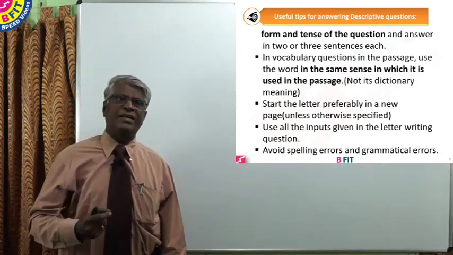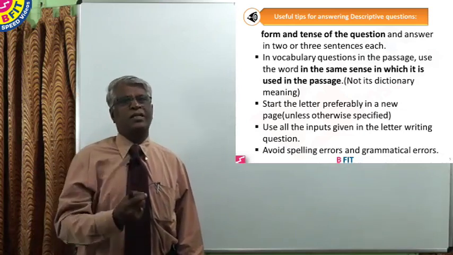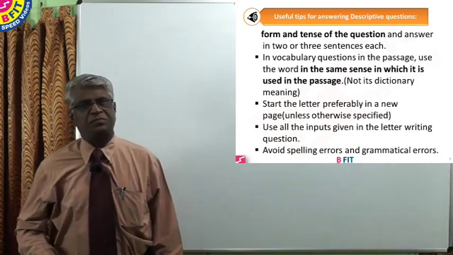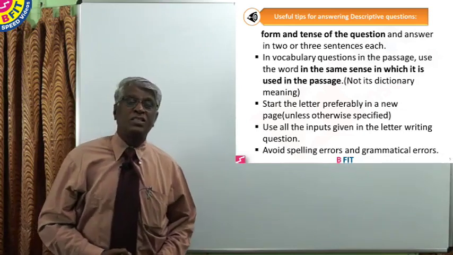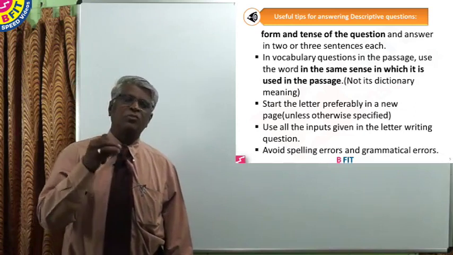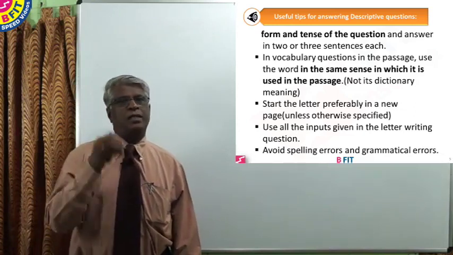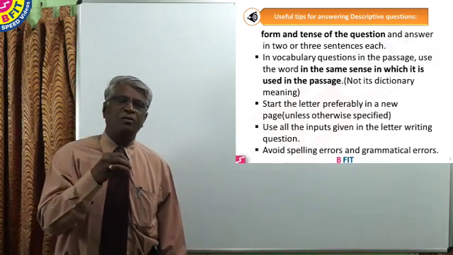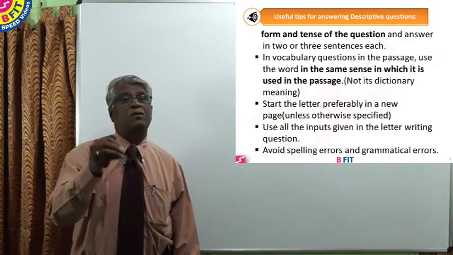As I said earlier, a word normally has 2 meanings. We call them connotative and denotative. The denotative meaning of a word is the actual meaning of the word, the dictionary meaning of the word.